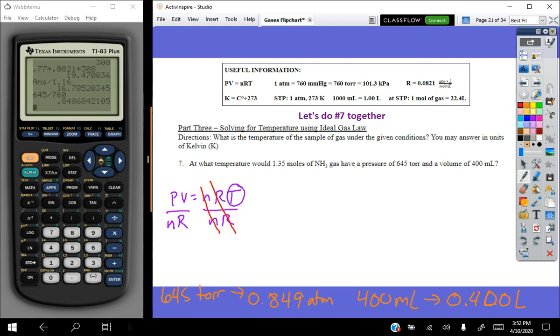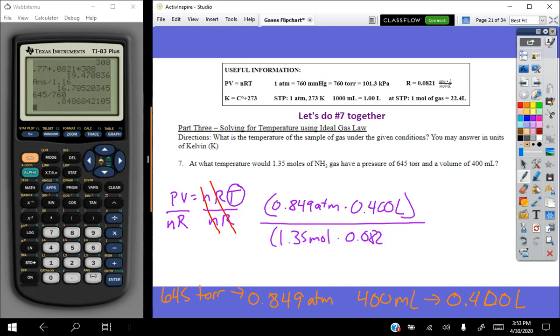So let's go ahead and plug in. We've got 0.849 atmospheres. I'm going to open parentheses times my volume, which is 0.4 liters, close parentheses, and then I'm going to have my moles, 1.35 moles, times my gas constant, 0.0821 atm liter per mole Kelvin.